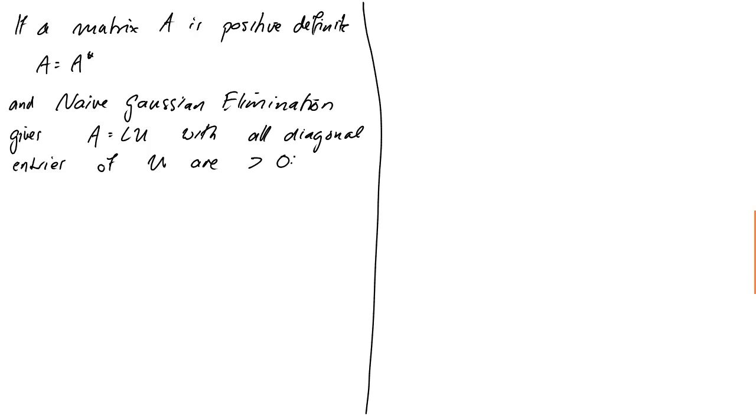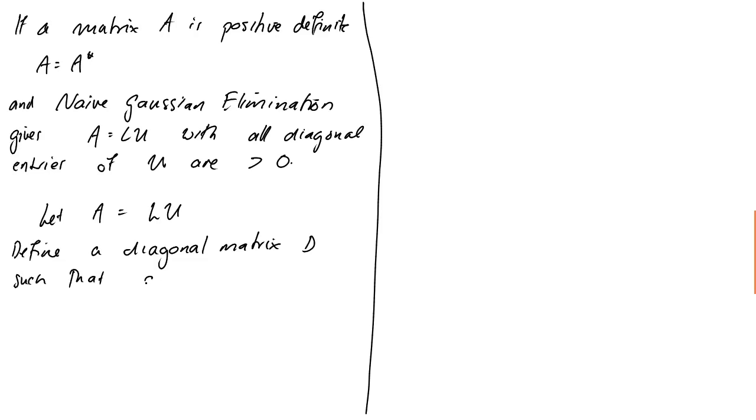So we're going to derive the Cholesky factorization from this. We're going to say, let A equal LU. Fair enough. And then we'll define a diagonal matrix D such that its ith entry squared is equal to u_i.